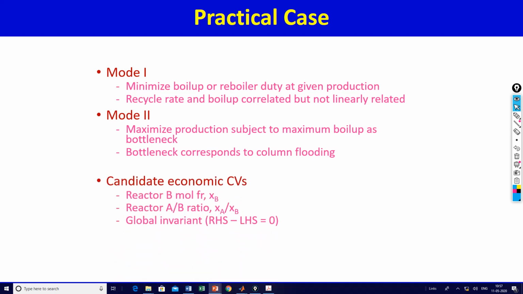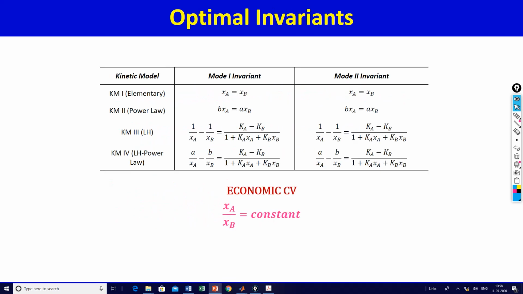And what are the candidate economic CVs? You know, that magic variable corresponding to the one unconstrained degree of freedom that was left. Well, we can try the reactor B mole fraction XB, which is how conventional control is done. Our analysis is showing XA by XB may be a good idea. Holding A by B in the reactor in proportion may be a good idea. We could also have this equation: the left hand side minus the right hand side equal to 0 is the optimal operating policy.